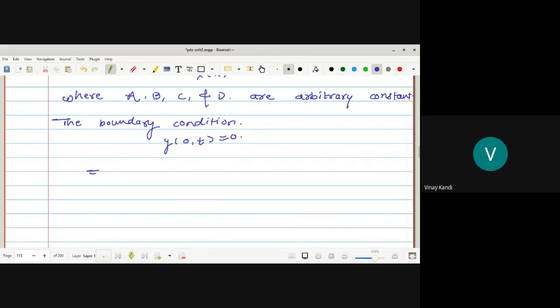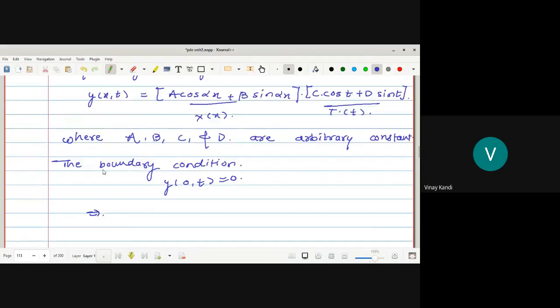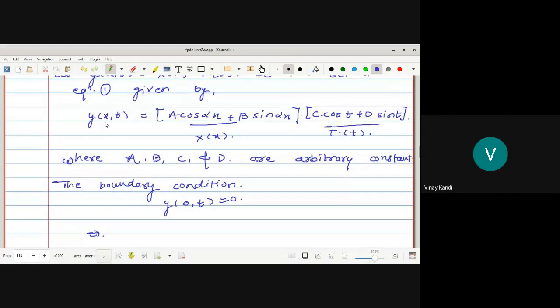So this implies, put x equal to 0 here. So what we get? y of 0,t: cos 0 is 1, sin 0 is 0, and this term is as it is.